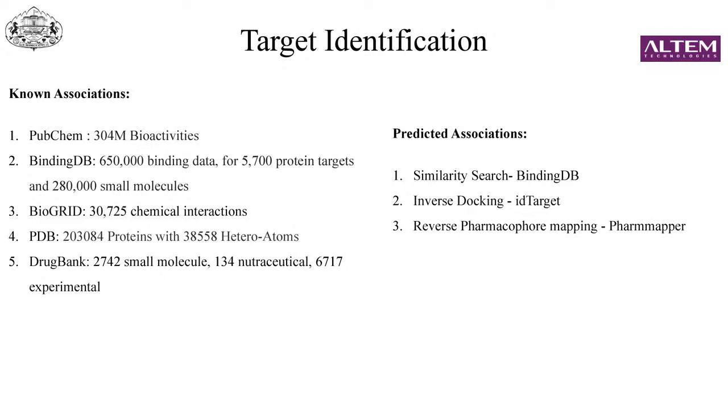Similarly, there are other databases like BindingDB, which has a lot of experimental information on small molecules as well as their targets. So there's PubChem, BindingDB, BioGRID. Of course, there's PDB, which has structural information, co-crystals, that is, you have the target as well as the small molecule, and you have DrugBank, which is solely for FDA approved, experimental, investigational, and all those kinds of drugs.